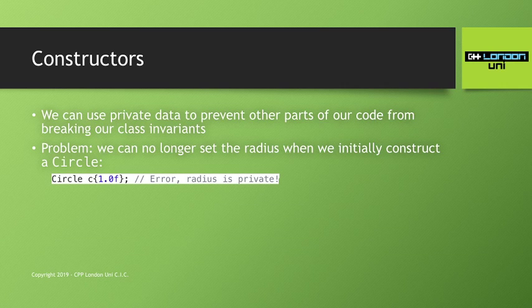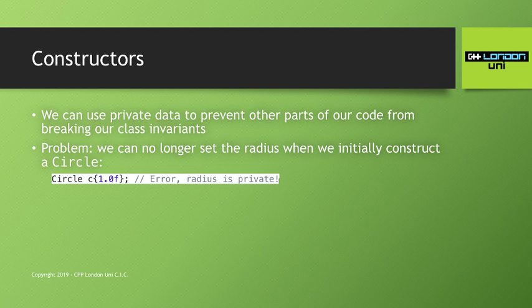Because if we have our old friend, the circle type, which I haven't repeated the definition of because you've all seen it a million times now, we've been constructing it like this. And the way this works is it just directly sets the radius. And now it can't do that because the radius is private.